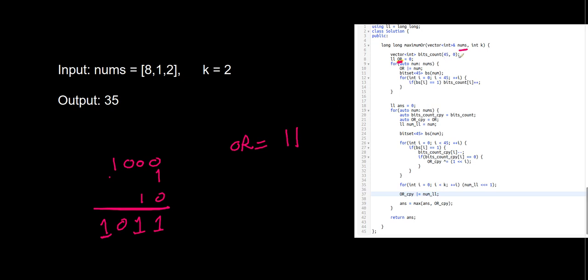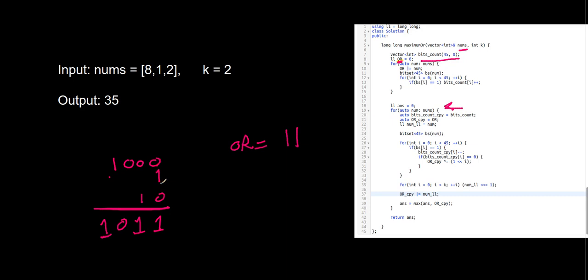Then we need to store the bit count of all numbers, so that when we iterate over the numbers, we can easily skip one of the numbers. So let's see how that works.